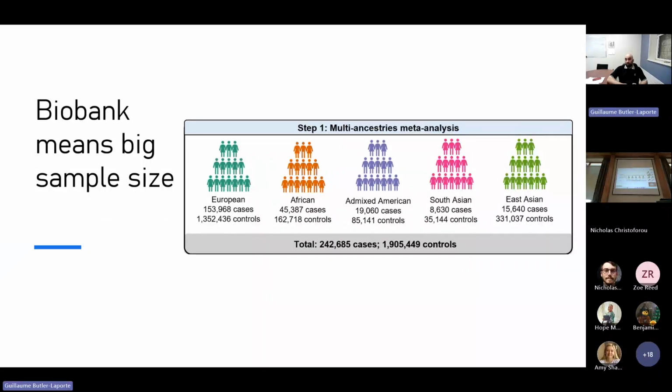So we really dug up and spoke to researchers everywhere to dig up data from all available ancestries to really pump up those numbers, to get a strong, robust signal, even for genetic loci where the effect size might not be that big.